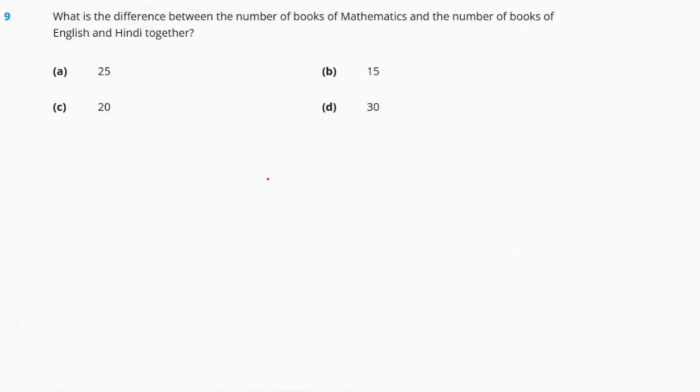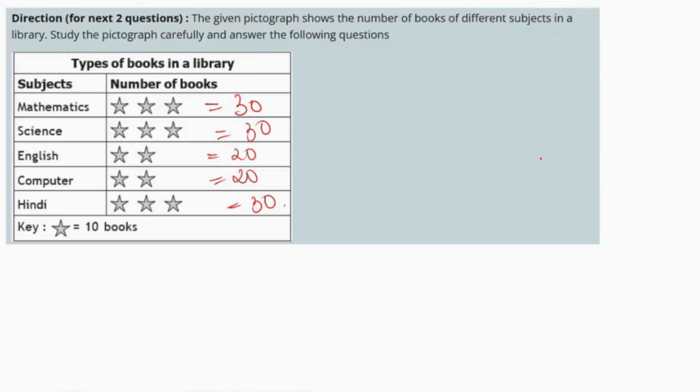So question 9 says, what is the difference between the number of books of mathematics and the number of books of English and Hindi together? So in order to solve this question, let us note down the numbers of the mathematics books individually and the total of English and Hindi books. Okay. So first of all, we'll go back to the pictograph. See, the total number of books for mathematics is 30.